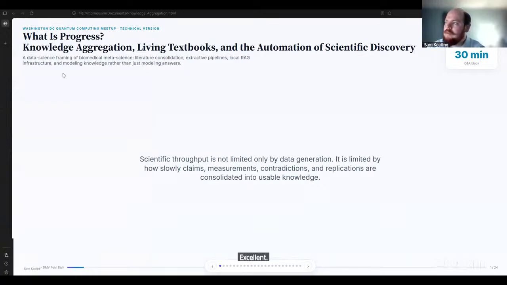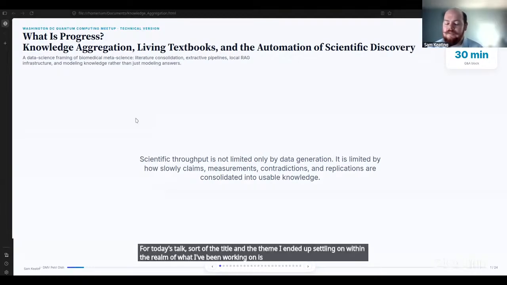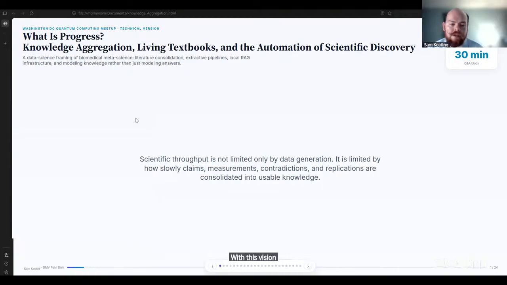So for today's talk, the title and the theme I ended up settling on, within the realm of what I've been working on, is trying to drive at this notion of what is progress, with this vision I have of knowledge aggregation.